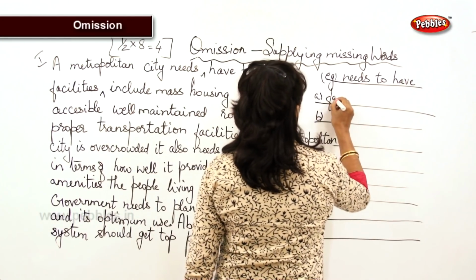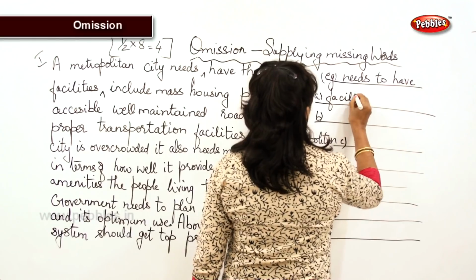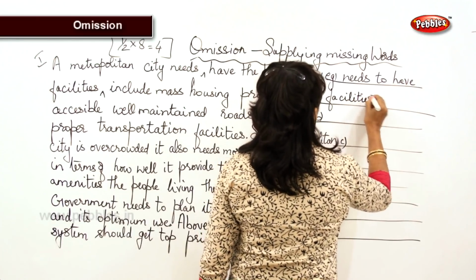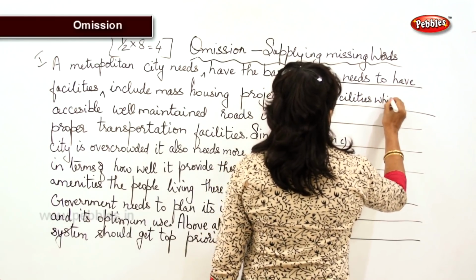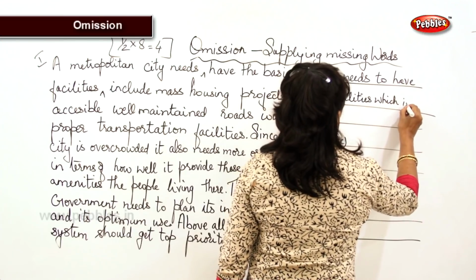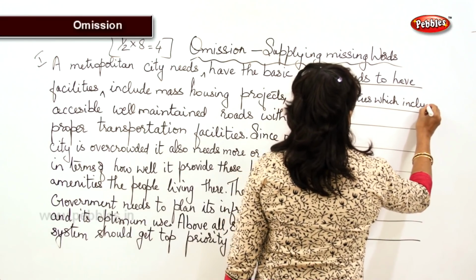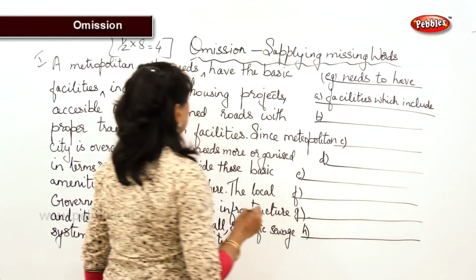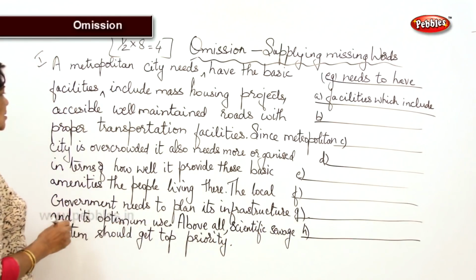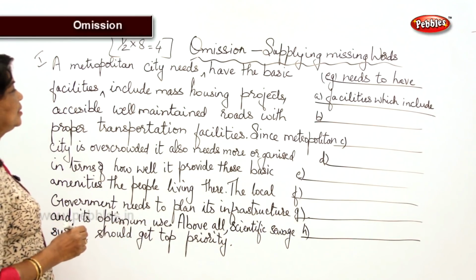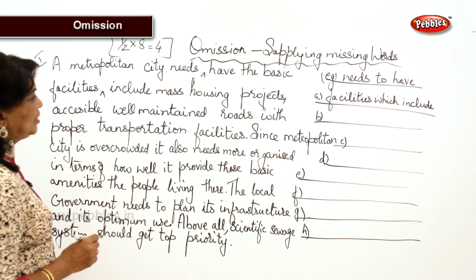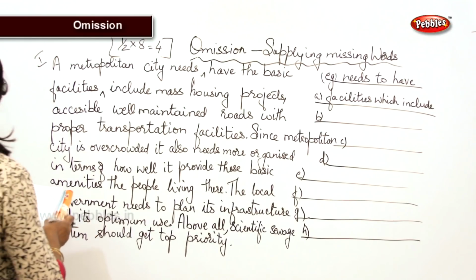So facilities which include mass housing projects, accessible, well maintained roads. Now where is the next word?